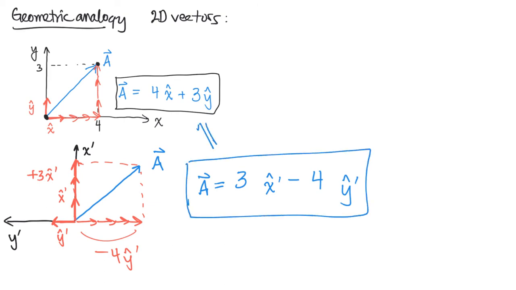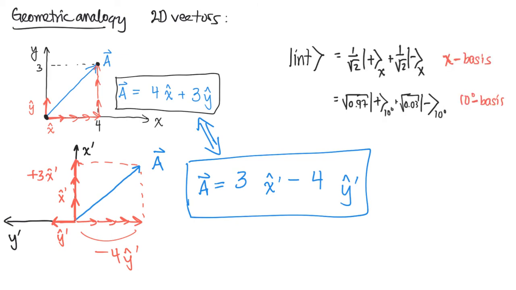And so now we have a new way of writing the same vector. So these are equivalent because they're describing the same blue arrow. You could either write it as plus 4 in the x hat direction and plus 3 in the y hat direction, or you could do plus 3 in the x hat prime direction and minus 4 in the y hat prime direction, but you're going to get to the same place in both cases. And notice this is exactly the same that we saw before.